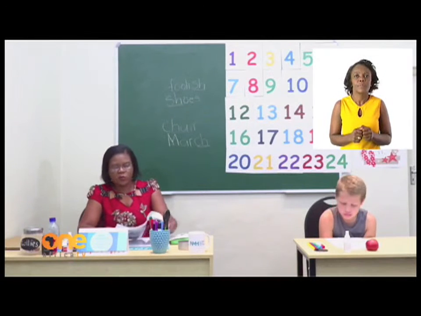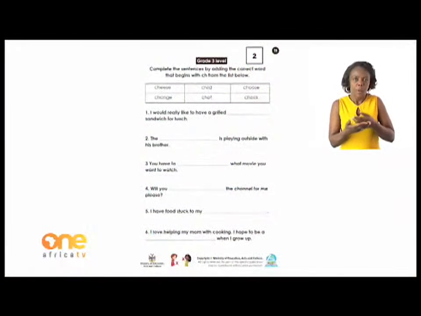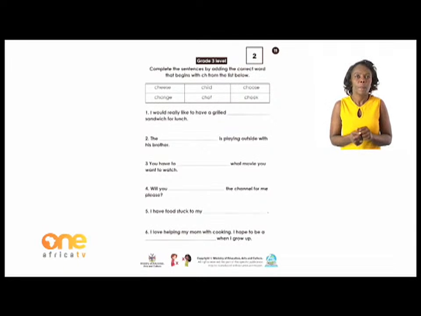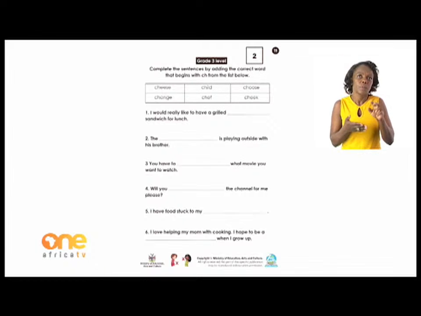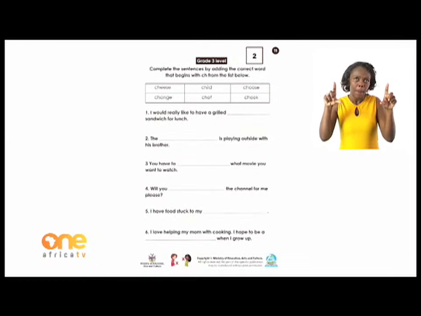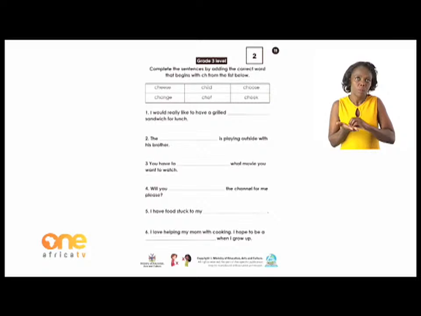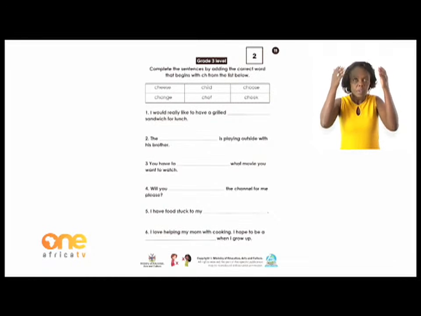Okay, let's continue to page 11. We are still with our sounds. But on page 11, we are just going to look at the ch. Only the ch, the k and the h. We read together the words which are there in the table. We have cheese, child, choose, change, chef, and chick.